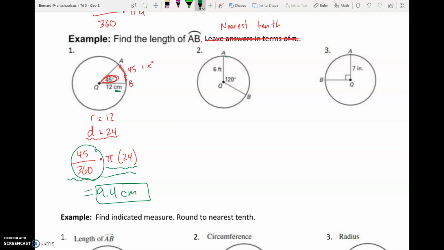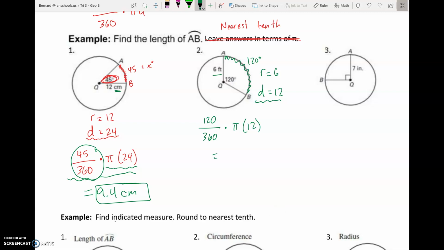And so in this one, AB is right here. AB is going to be 120 degrees. Our r is 6, which means our diameter is 12 because it's twice as big. And so our formula this time is 120 divided by 360, and then times pi, and then times our diameter, so 12. We just got to type that into our calculator.